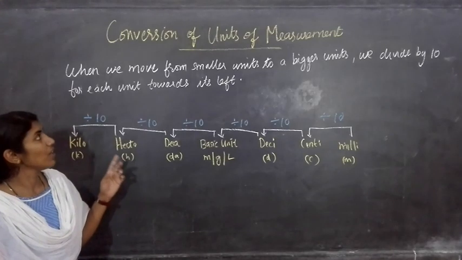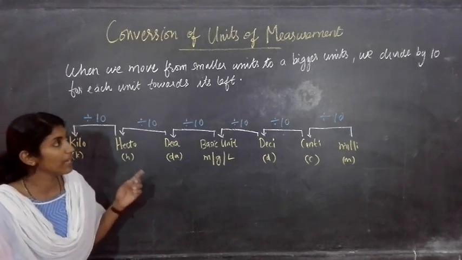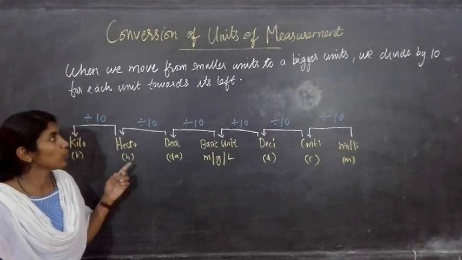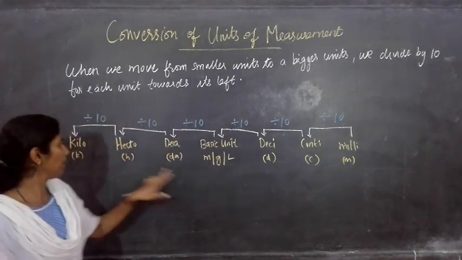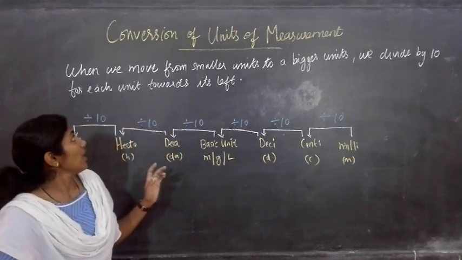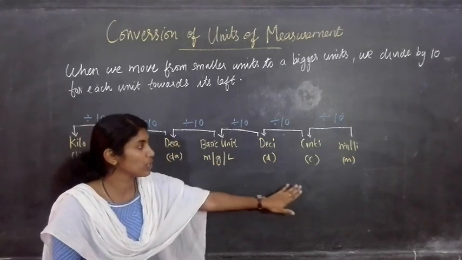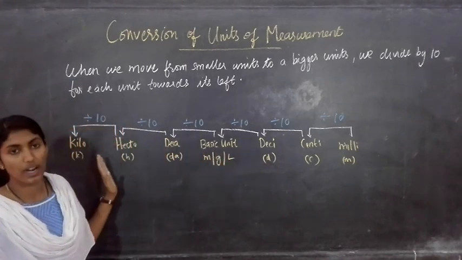Now children, when we move from smaller units to bigger units, we divide by 10 for each unit towards its left.